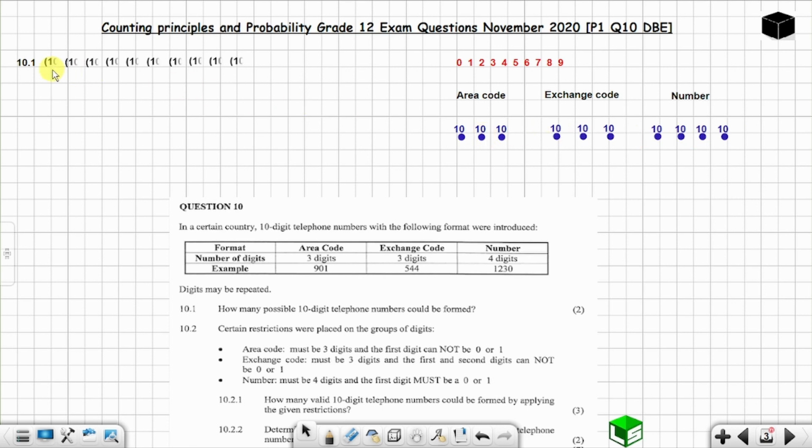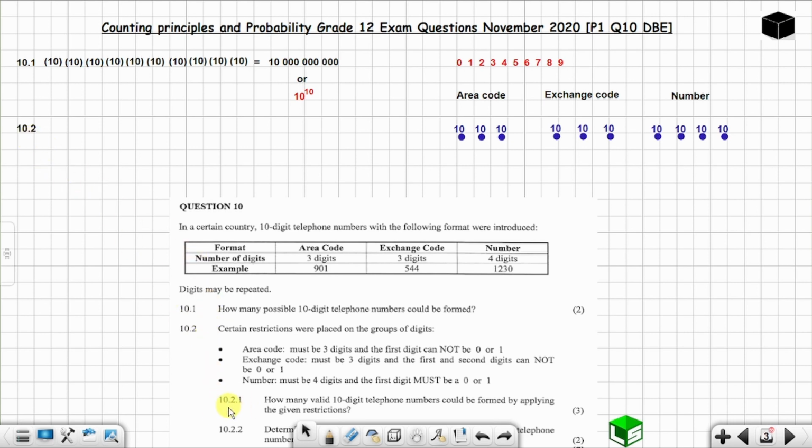And this is equal to 10 billion. So you have 10 billion telephone numbers that could be formed. You can also give your answer as 10 to the power of 10, because you have 10 zeros. Now question 10.2.